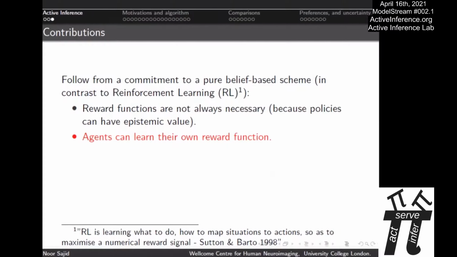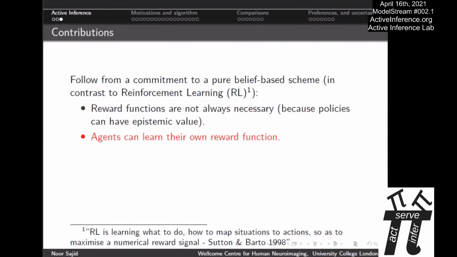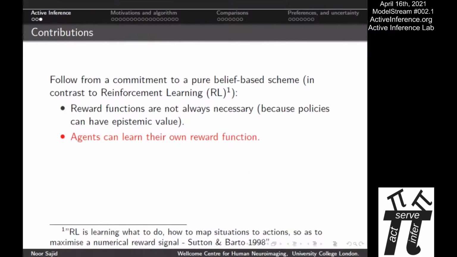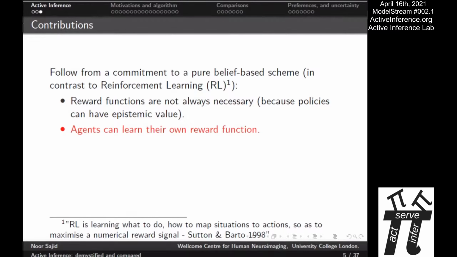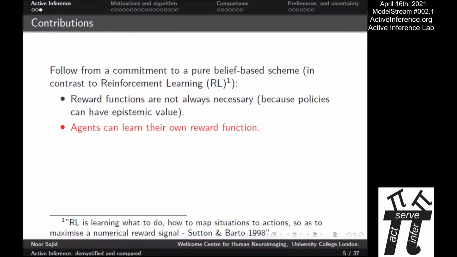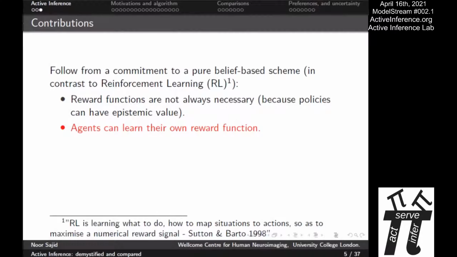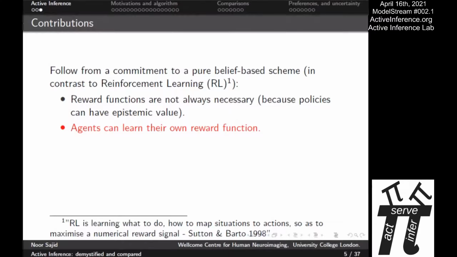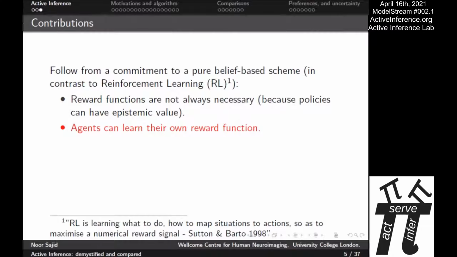And this becomes important in settings where there's no reward, or there's really imprecise understanding of what a reward or preference setting should look like. And in this scenario, within the standard active inference discrete state formulation, what we can do is learn the empirical prior distribution over these preferred outcomes, and the internal reward function of that agent.